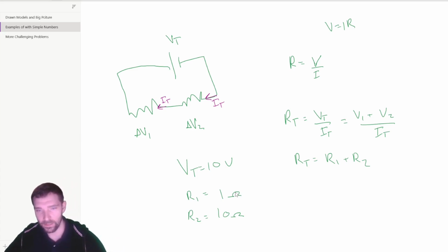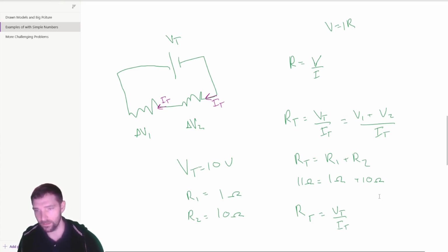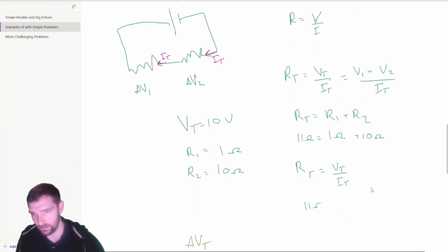So if we're thinking about the RT, then it's just a matter of adding up those two numbers. And we've got 11 for our total resistance here. And then RT is equal to the VT over IT. And we have RT now, we just solved for that, and we had VT. So let's say that this is 11 ohms, which is equal to 10 volts over IT.